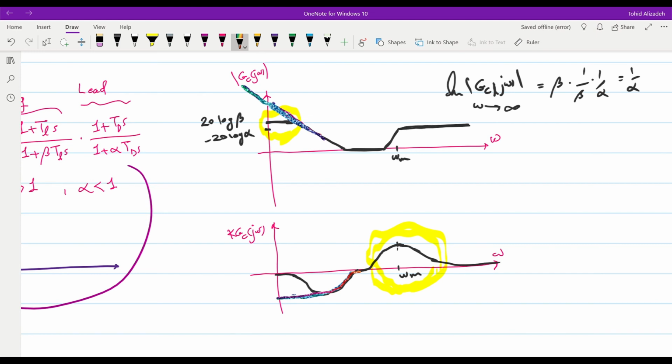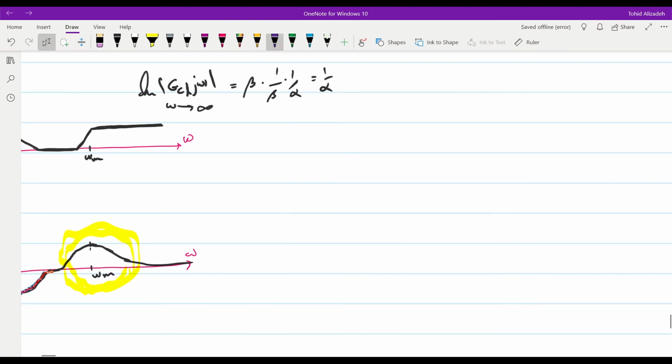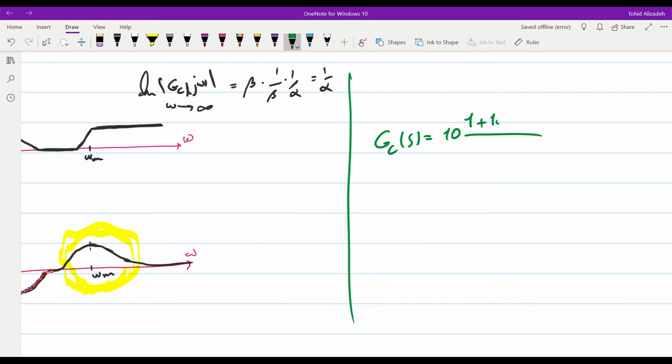I have a numerical example for the lead lag compensator. If we have GC of S expressed as 10 times 1 plus 100s over 1 plus 1000s times 1 plus 4s over 1 plus 20s.